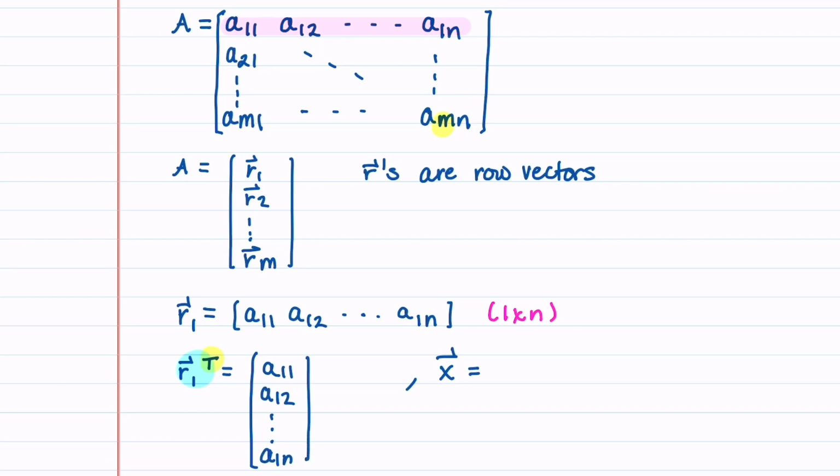The capital T stands for transpose. Let's also remind ourselves what X looks like. X is X1, X2, all the way down to Xn.